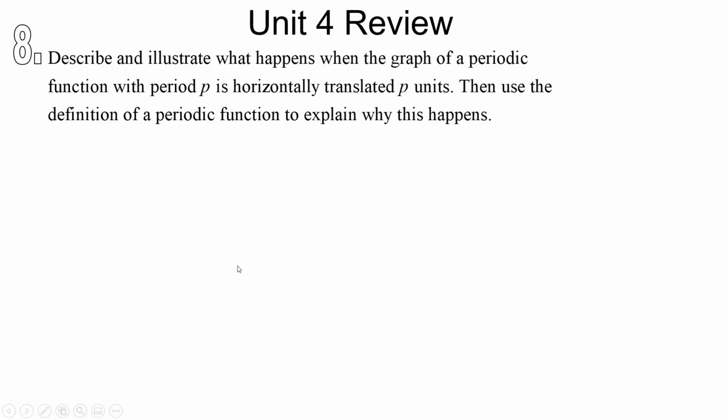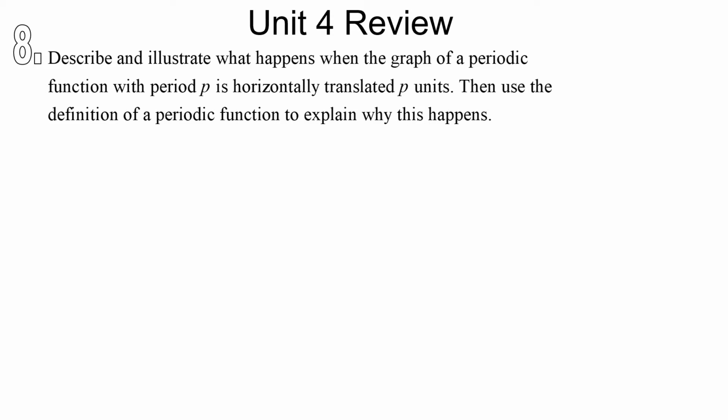All right, number 8. Describe and illustrate what happens when the graph of a periodic function with period p is horizontally translated p units. Well, if I translate a periodic function with a period of p units to the left or to the right, I'm going to translate it right on top of itself.